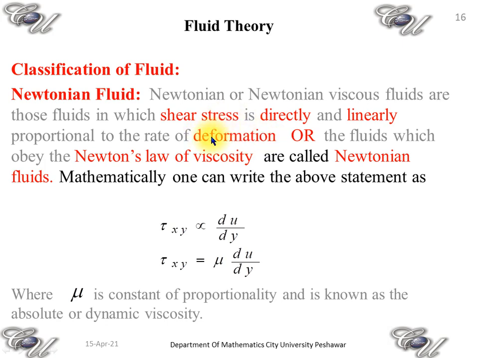And what we call deformation is actually a shear strain. We can also say that the shear stress is directly and linearly proportional to the shear rate, or shear strain. When we apply the shear stresses, or tangential stresses, shear strain, or rate of shear, is produced.